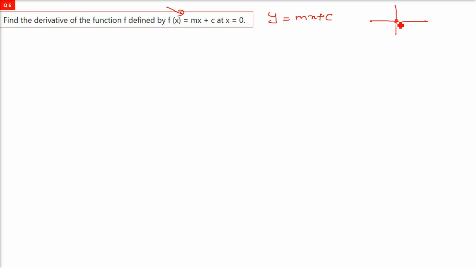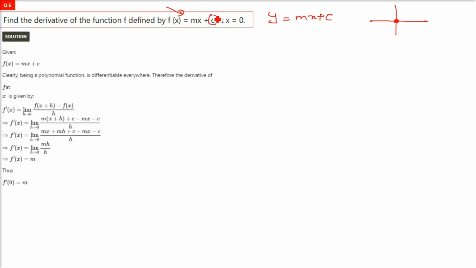Why? Because derivative is all about finding the tangent or the slope of the tangent. So y equals mx plus c is a line, c is the y-intercept. If y equals mx, that means it is passing through the origin. But y equals mx plus c means you have some c as the y-intercept.